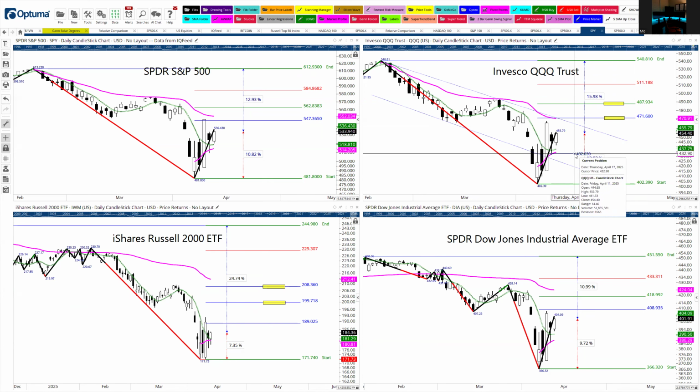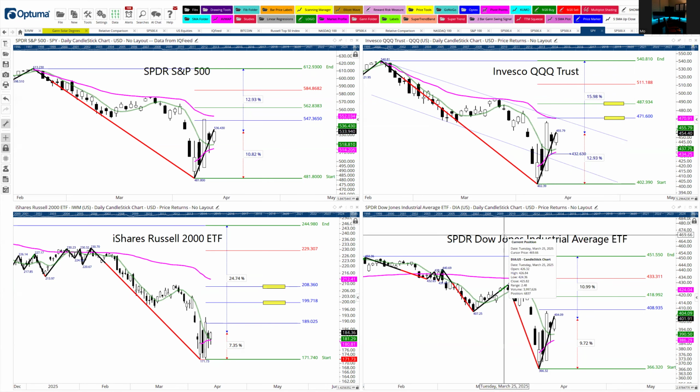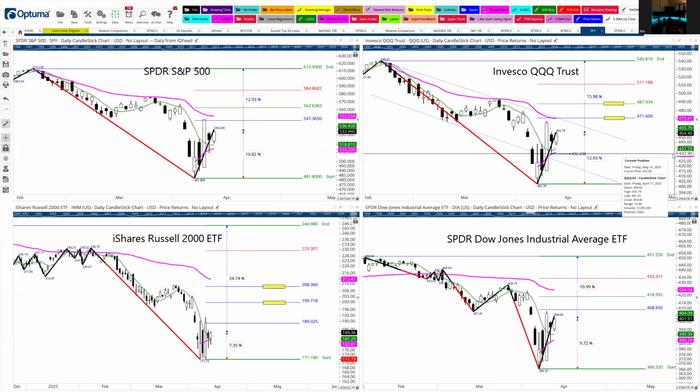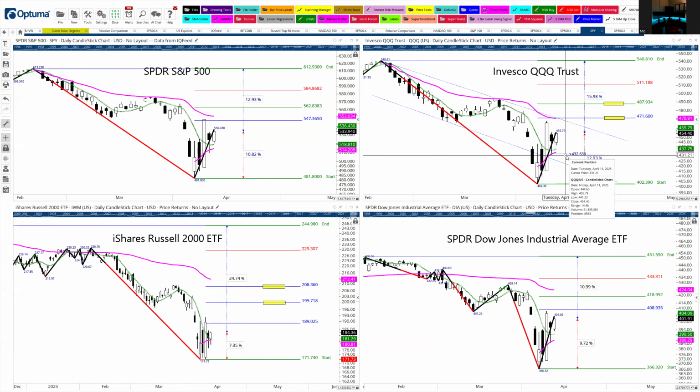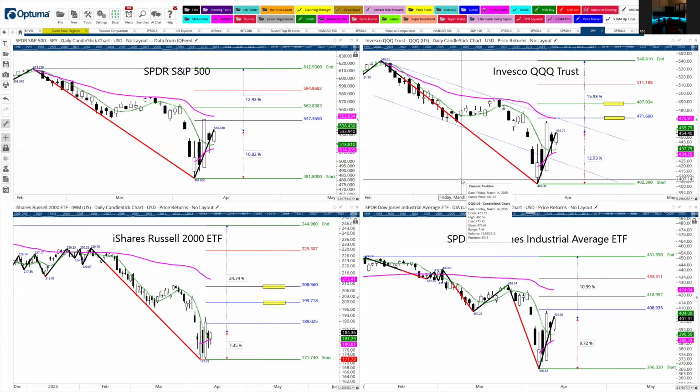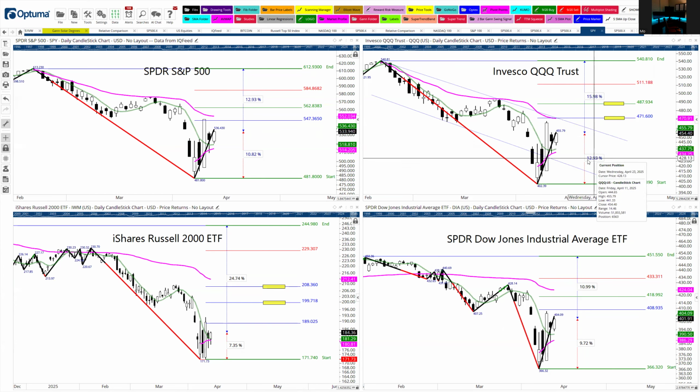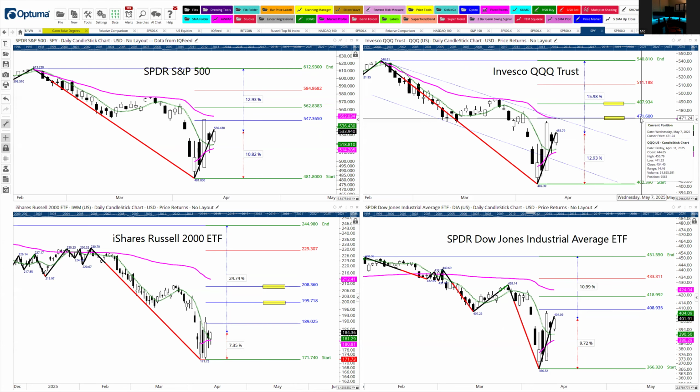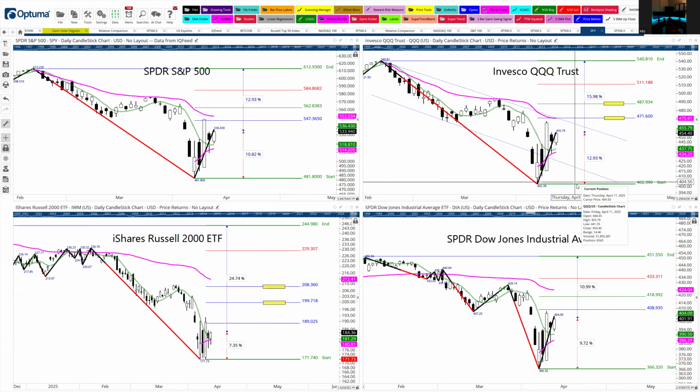Look at this, 432. It probably poked a little bit, two more points yesterday because the market moved up. So now the upside is 470, which is 50% of the decline from this peak to trough.